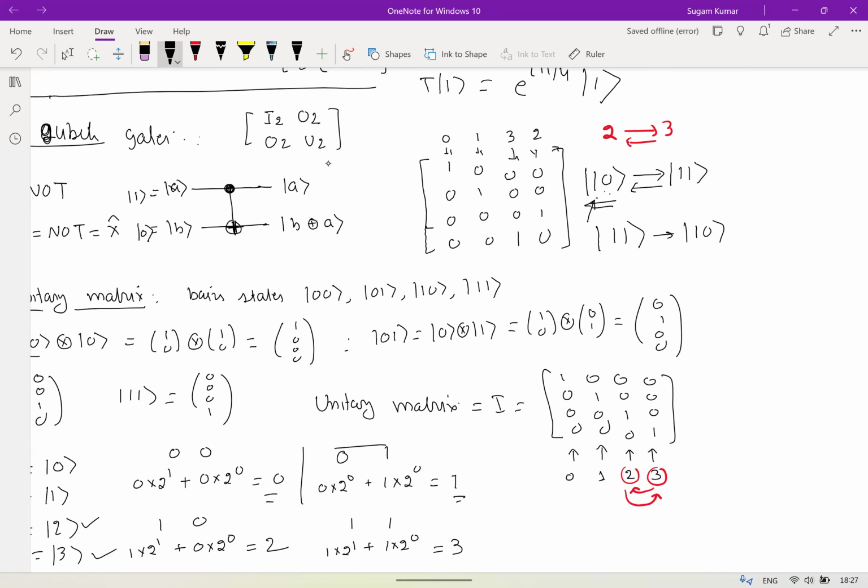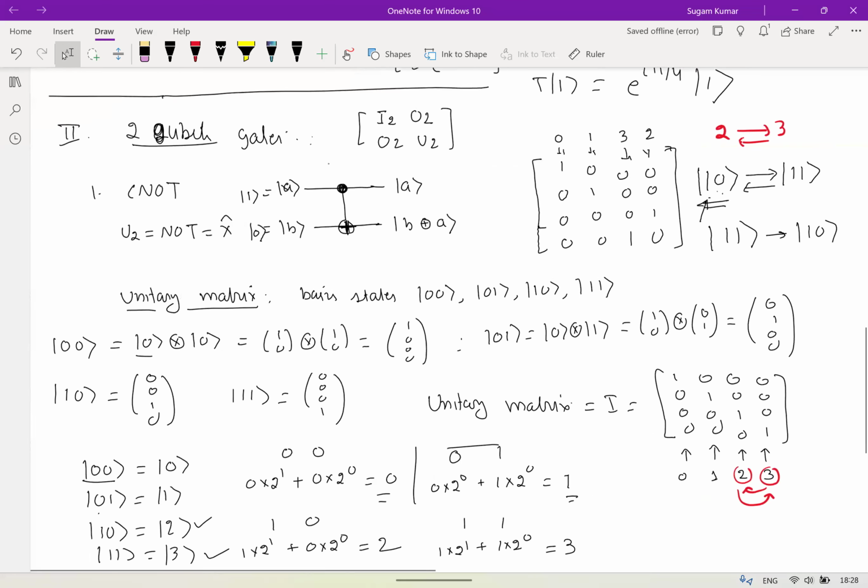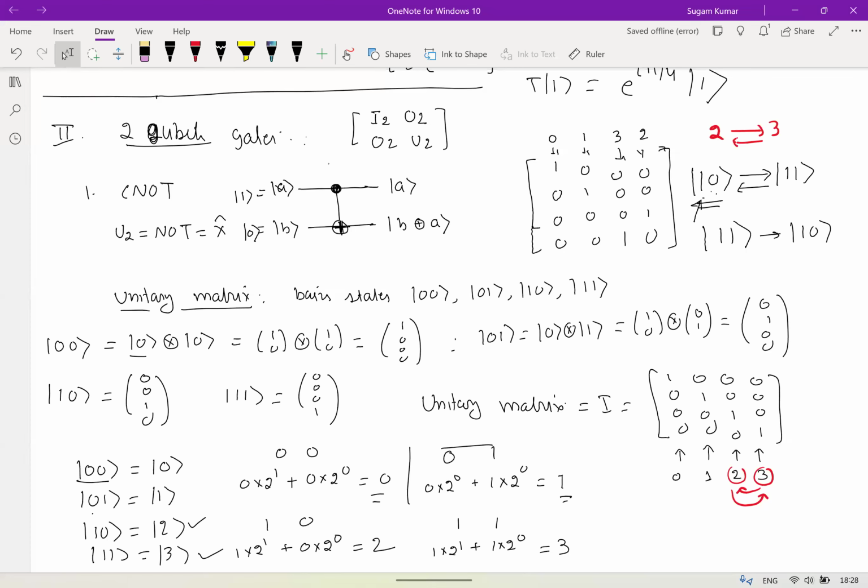So you can see it is going from 2 to 3 and 3 to 2. This is a very simple way to remember what the C naught gate does. In the long run, if you are doing a course on quantum computing, then these tricks will be very helpful for you.